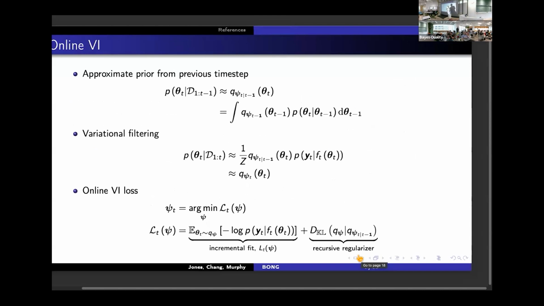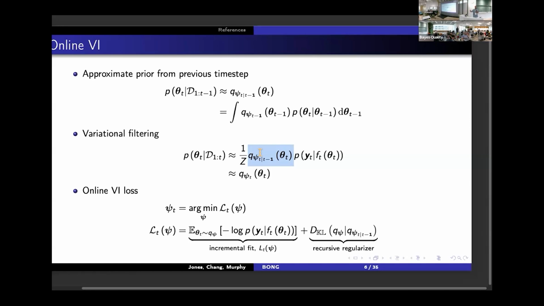In order to get the posterior here, in a filtering setting, you take the approximate prior from the previous step and combine that with the likelihood of the current observation. Even in the absence of dynamics, this is an approximation because you've applied the VI approximation on prior steps.